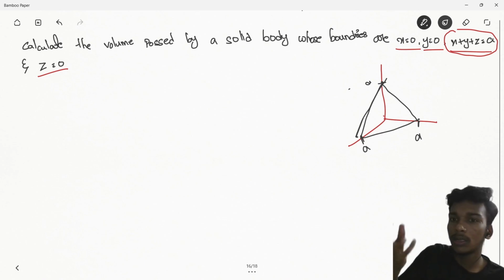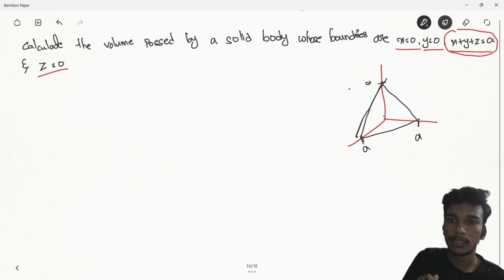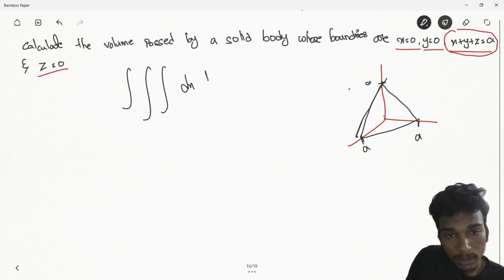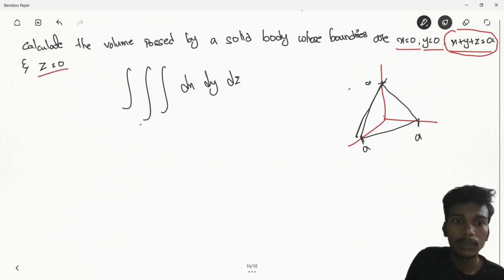We are going to get the whole space in that region, right? Just try to look at it. A simple evaluation: triple integral of dx dy dz. Obviously we have lower limits x equal to 0, y equal to 0, z equal to 0.